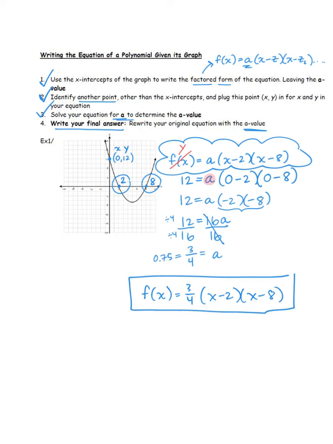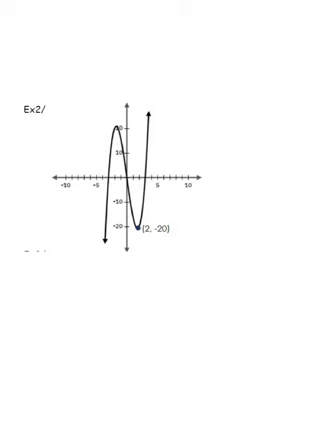That is my final answer. That is the equation that describes the graph you are looking at. f of x equals 3/4 (x minus 2)(x minus 8). We're going to do one more example together, and then you can try example 3 on your own.